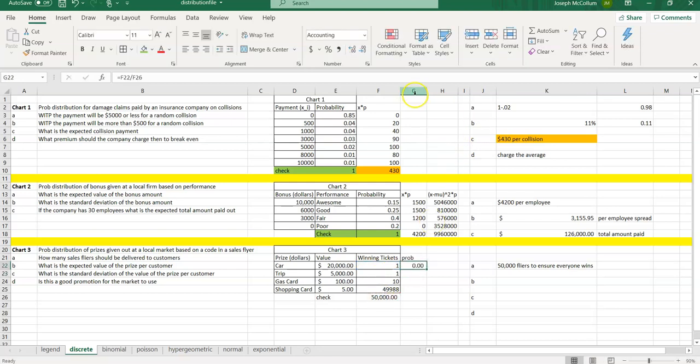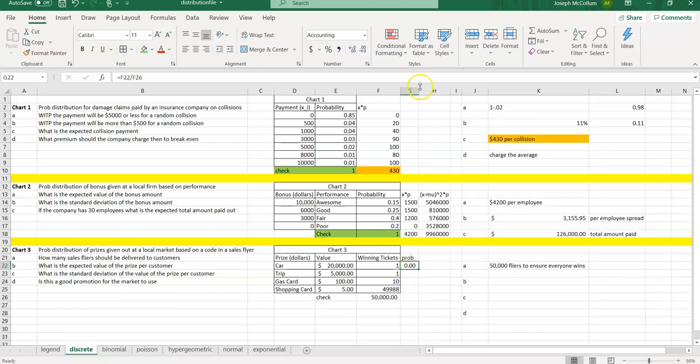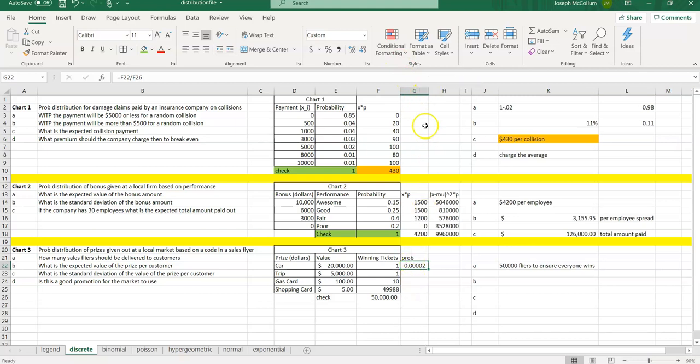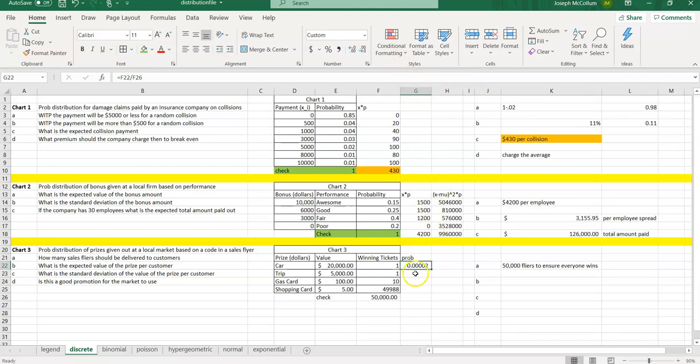So the odds of somebody winning the grand prize of a car is 0. Not true. First of all, we don't have enough decimals. So we need to go up here on the home menu, make sure you can increase the number of decimals. And I'll have to increase the width also. And there it is. There is the odds of winning the car.